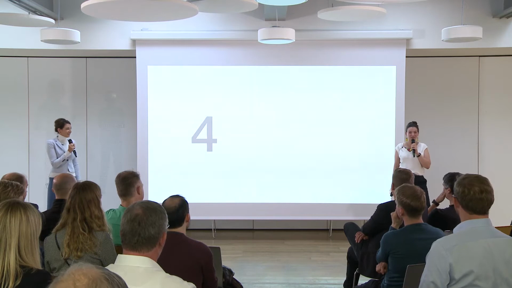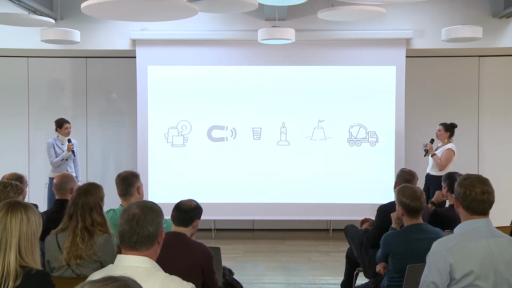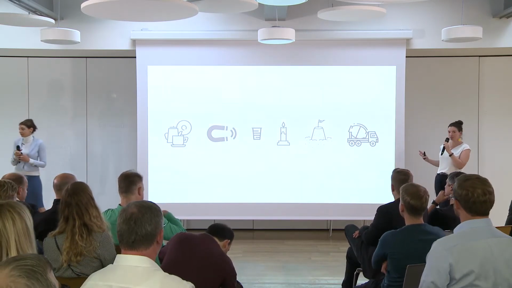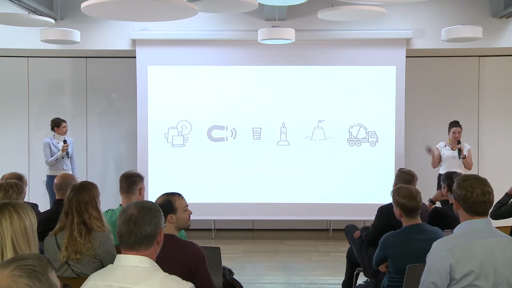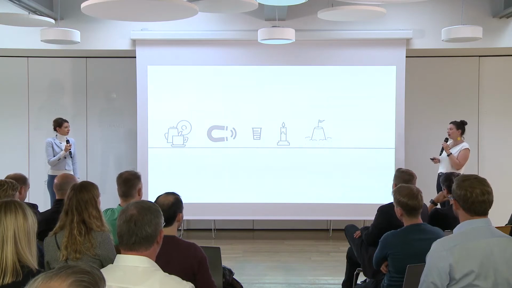So, additive manufacturing has been around for 40 years, and there is a bunch of materials that you can do additive manufacturing with. So clearly, ceramics, metal, plastic, wax, sand, concrete, a lot of stuff.